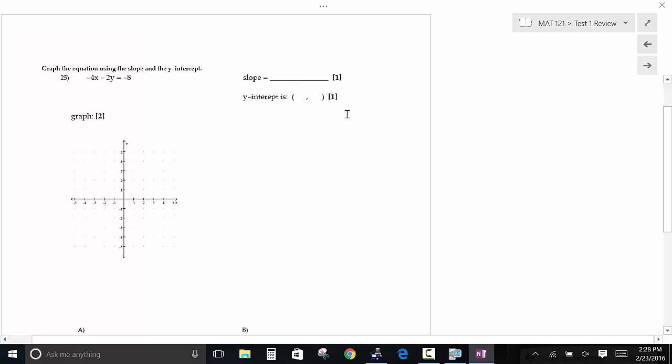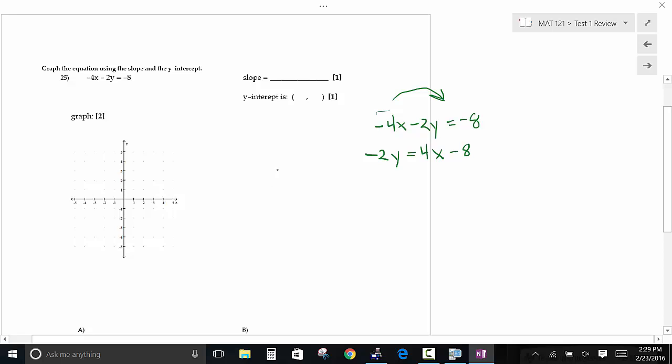Let's look at just graphing. Another thing is graphing a line, so I'd expect you to be able to do that. Generally students do this okay, as long as they have a good background. If I want you to graph this line, what you want to do is solve for y first. So we move the x to this side, and we get negative 2y equals 4x minus 8.